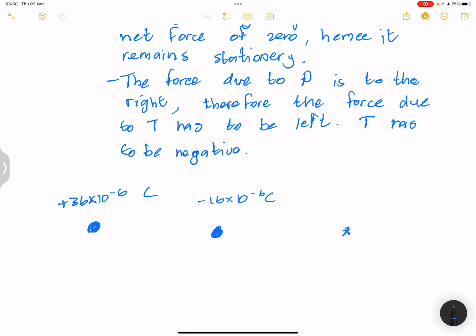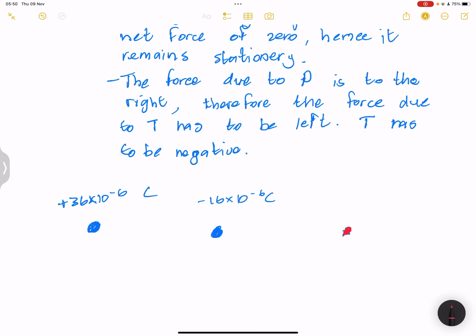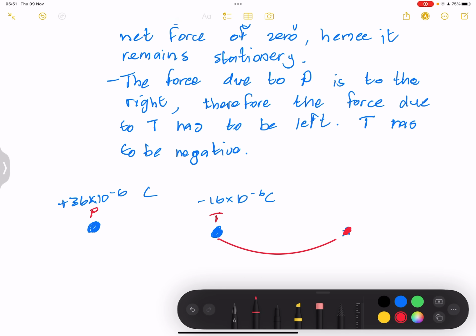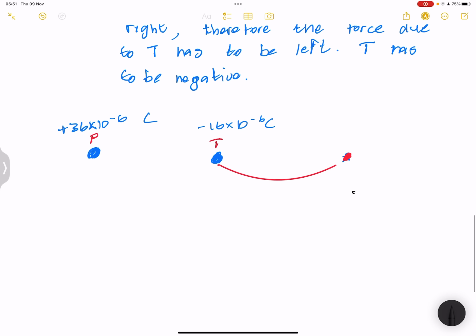Let's use a different color. In this case, we are going to calculate the field due to T, and this is P. Let's do so separately. The field due to P is going to be K QP over R squared.